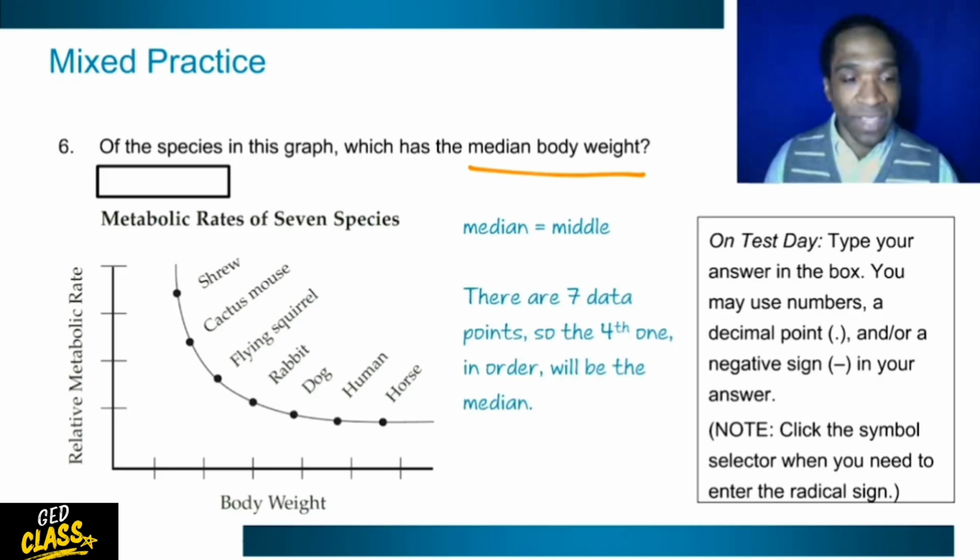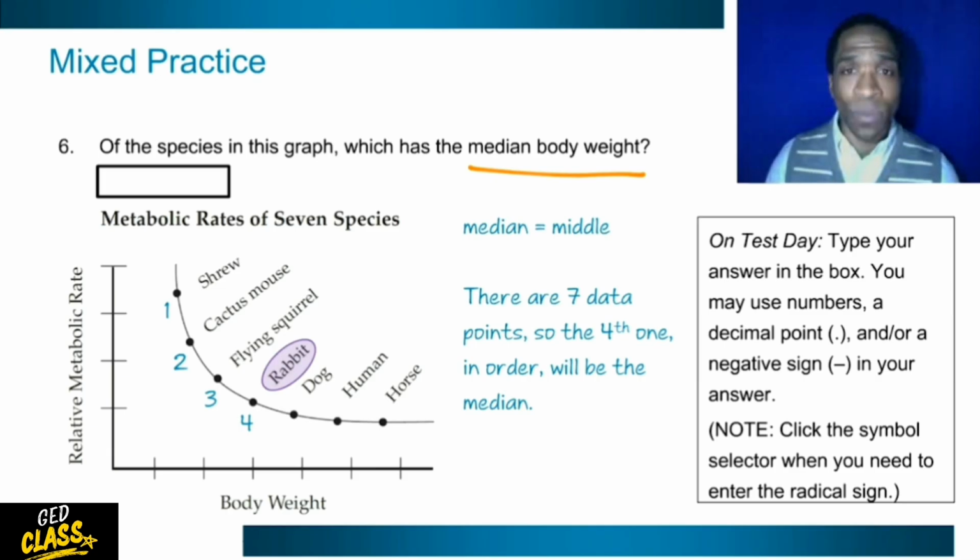In this case, that's the 4th point. Now, we can count up to 4. Shrew is 1, cactus mouse is 2, flying squirrel is 3, 4 is the rabbit. And that's what you would put into the rectangle according to the test day instructions at the bottom right corner.